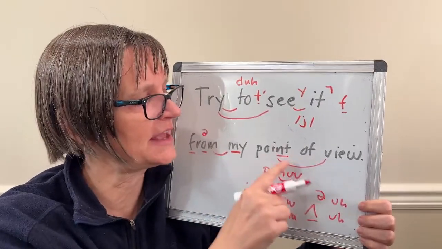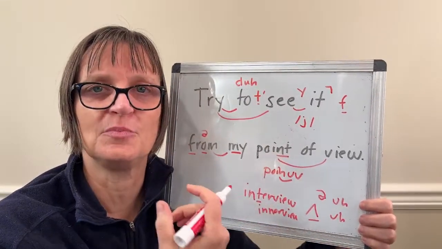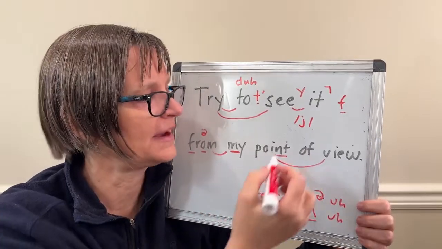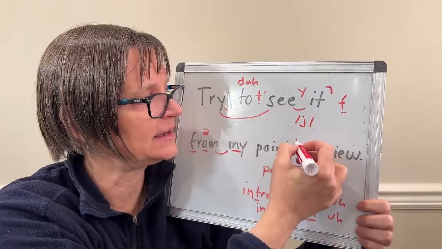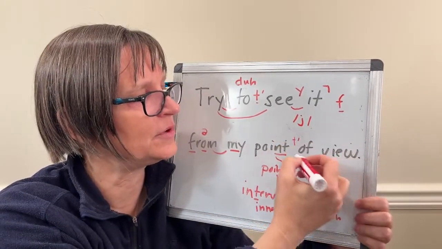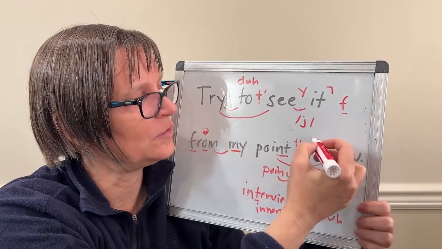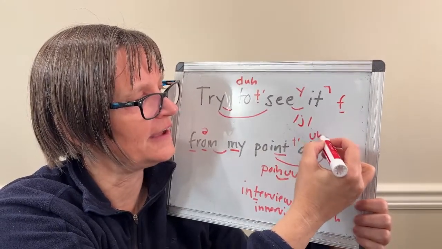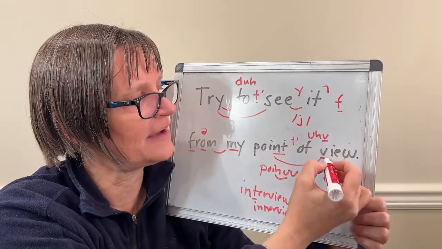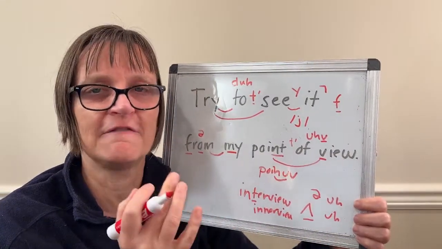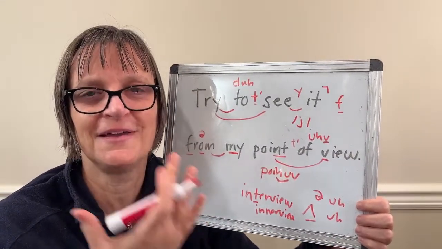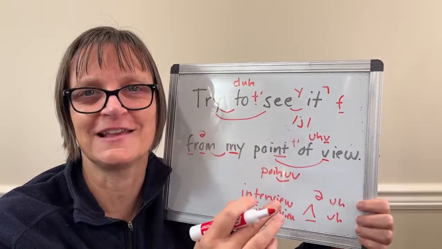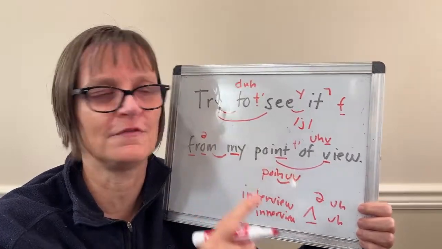Or because it is at the end of a word and it's separate words, I can do "point of view," where I'm going to have a little T linking: point of view. Again, the word "of" has the V sound, and I have another V here, so I don't need to stop that V sound. I can just link them together: point of view.